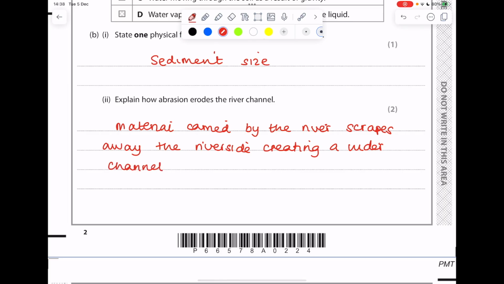You could be really specific and talk about sandpaper action, which widens and deepens the river.